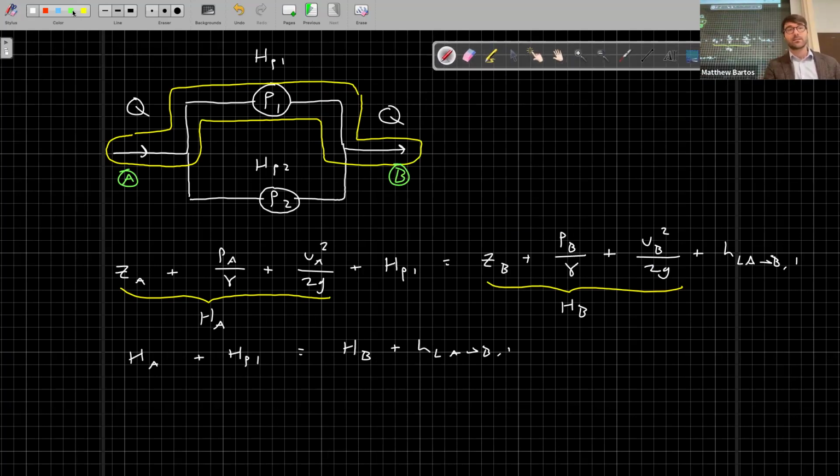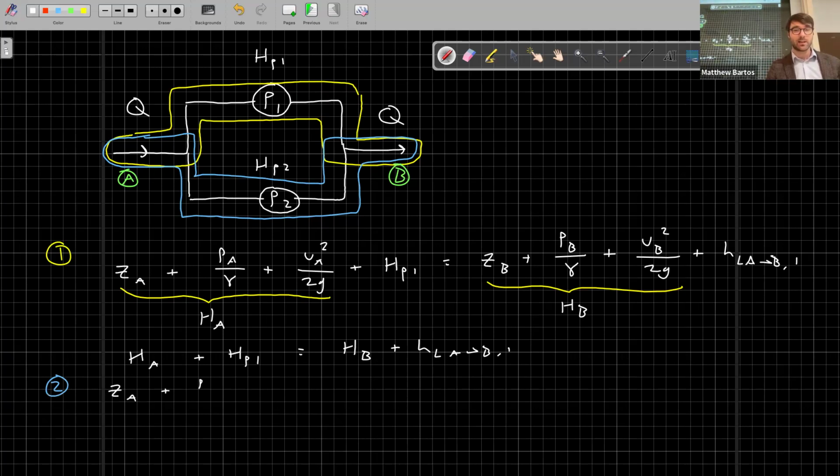So we can apply this same logic over the second path. We're going to go from A to B over the second path here. Let me just label these. This is over path 1. This here is over path 2. So we'll have ZA plus PA over gamma plus UA squared over 2g plus what?